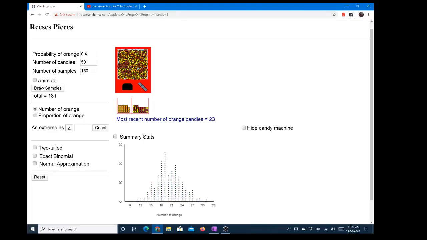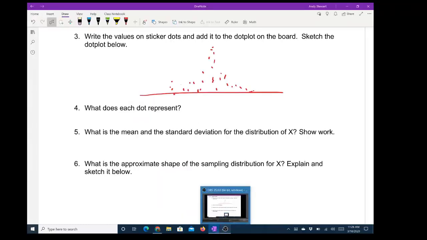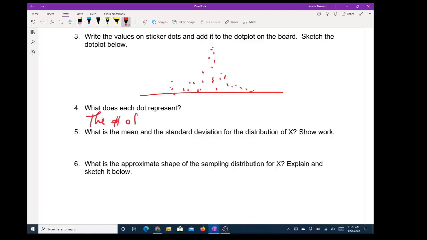That's sort of what we're after. So each dot is going to represent the number of orange from a sample of 50.